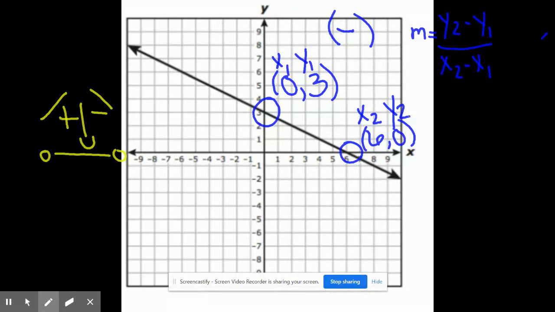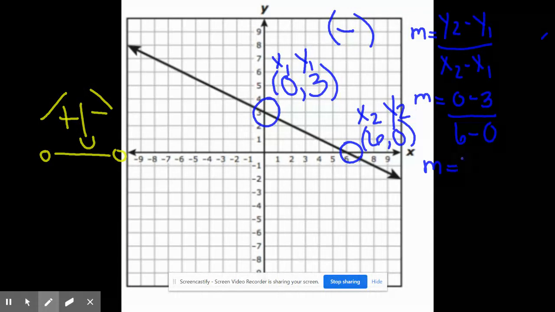Once we've labeled, we're going to substitute these numbers into our formula. So m equals y2, which is 0, minus y1, which is 3, over x2, which is 6, minus x1, which is 0. So we substitute and then we simplify.